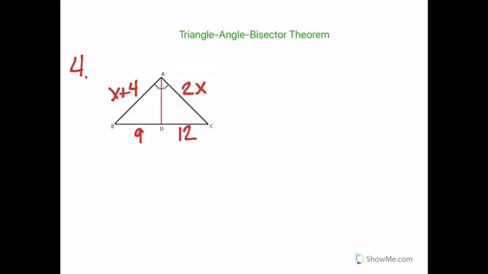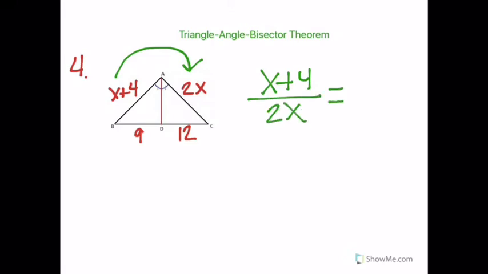That will really help us set up the proportion correctly. X plus 4 is where we'll start, over 2x equals, same thing, start with a 9 and go to the right, 9 over 12. And that's how you set up your proportion.